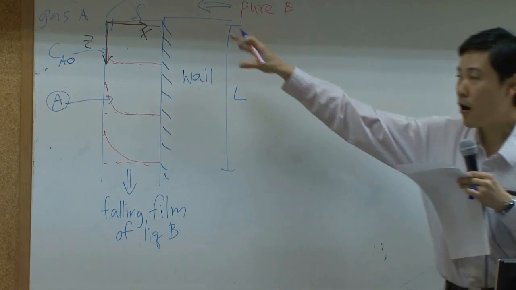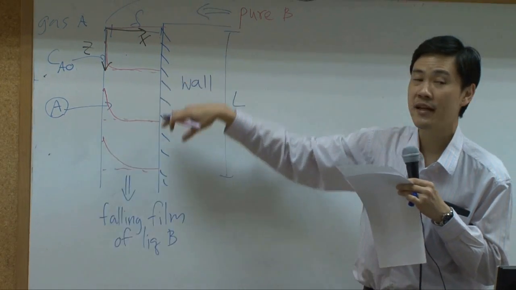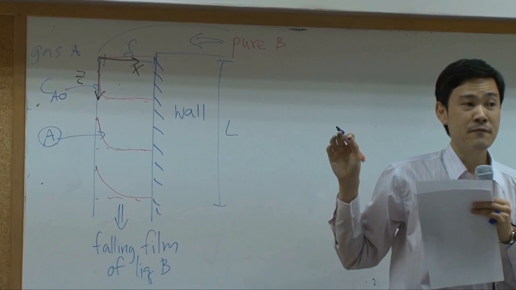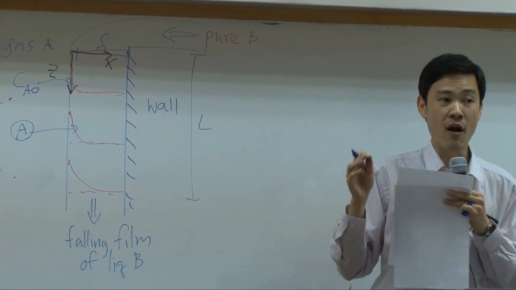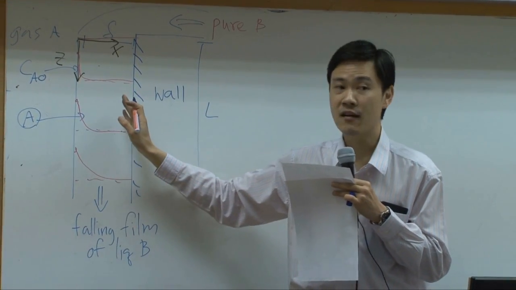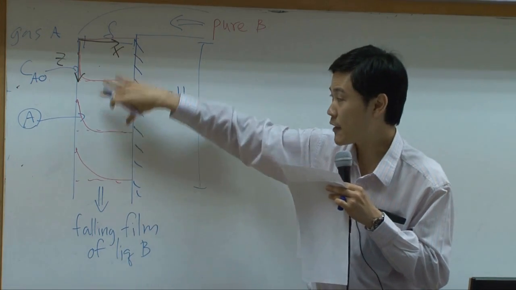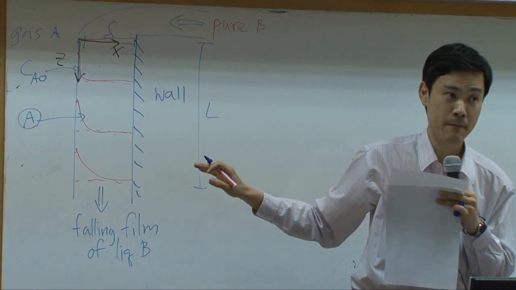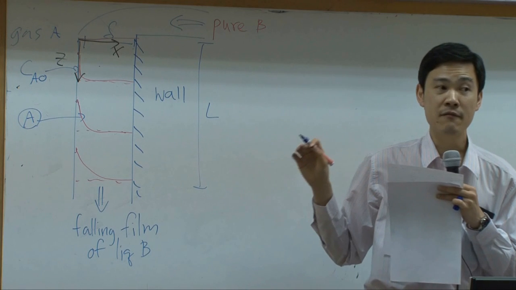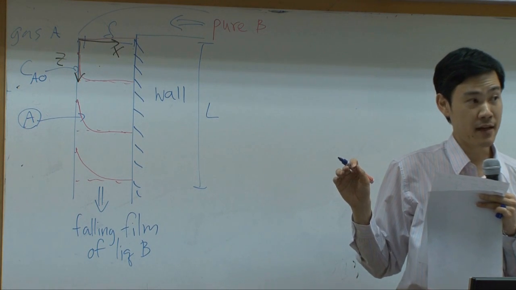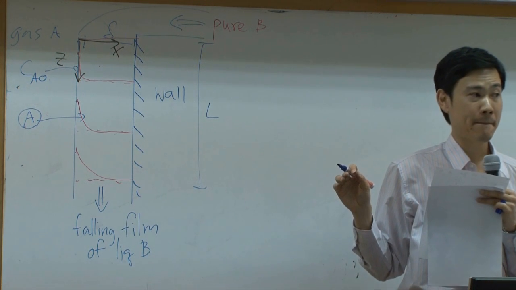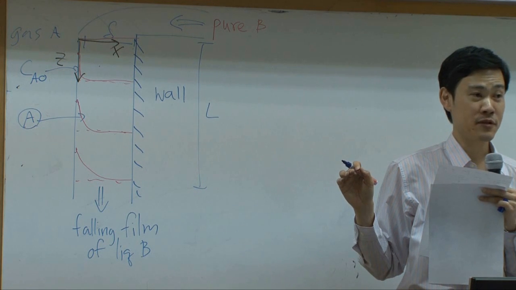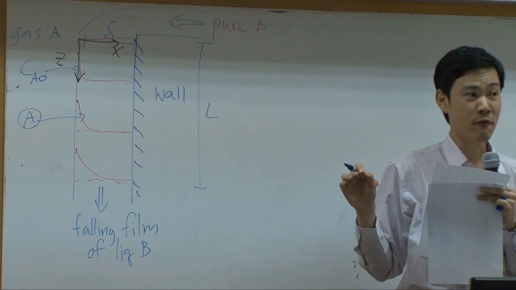If you look at the wall itself, you look at the liquid itself, if you disregard dissolving of A into liquid, if liquid here is pure B, okay, you can find velocity profile. Can you? I hope you still remember how to find velocity profile.